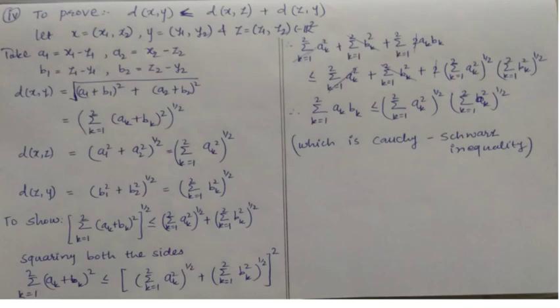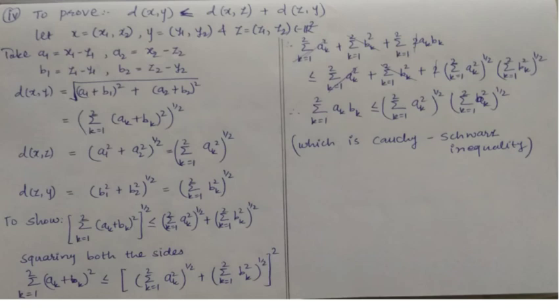So we have summation over k equal to 1 to 2 of ak into bk less than or equal to summation over k equal to 1 to 2 of ak square whole to the power 1 half into summation over k equal to 1 to 2 of bk square whole to the power 1 half, but which is the Cauchy-Schwarz inequality. You learned the Cauchy-Schwarz inequality in BSc. So this is true by the Cauchy-Schwarz inequality.